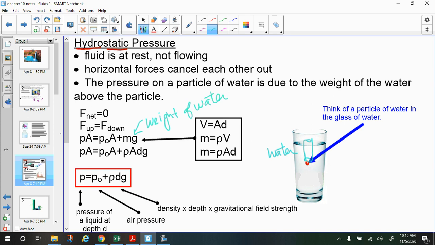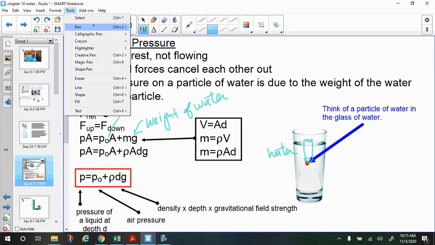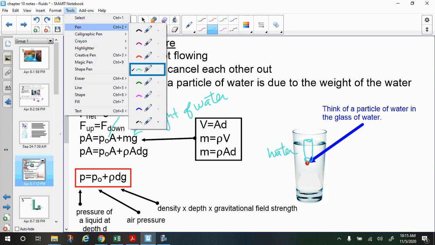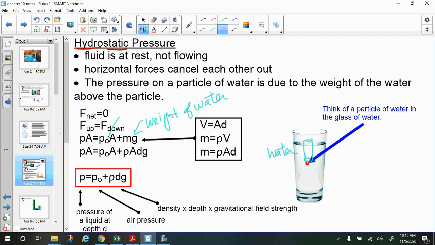And then also we have to add the atmospheric pressure. So this is the air above it.